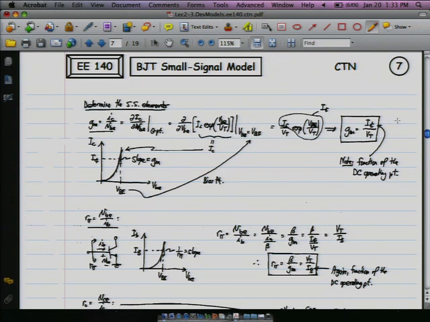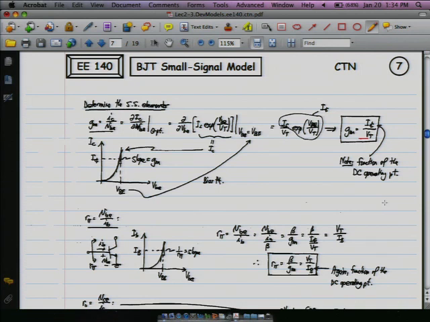So again, it's entirely based on the DC operating point. That's something I'm kind of trying to pound in. One side note is that this VT, this thermal voltage, is not the same as the threshold voltage that shows up with MOSFETs.